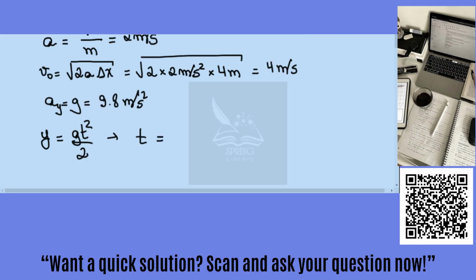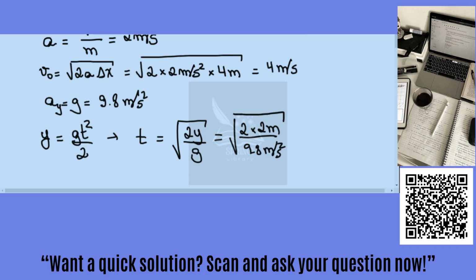So the time it takes for the puck to reach the ground is the square root of 2y over g. So this is the square root of 2 times y, that's 2 meters, over g, which is 9.8 meters per second squared. And this is 0.64 seconds.